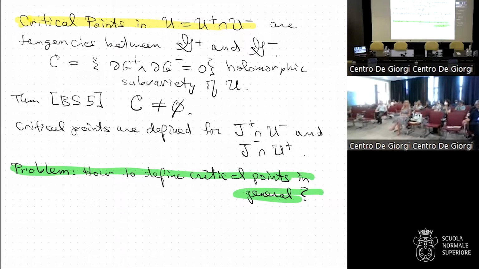Of course, in some cases, like in dimension 1, a critical point is where the mapping is locally branched. That means where the mapping degree locally is bigger than 1. Here we're looking at invertible maps, so the mapping degree does not tell you anything about critical points, but there are other behaviors that are critical points.